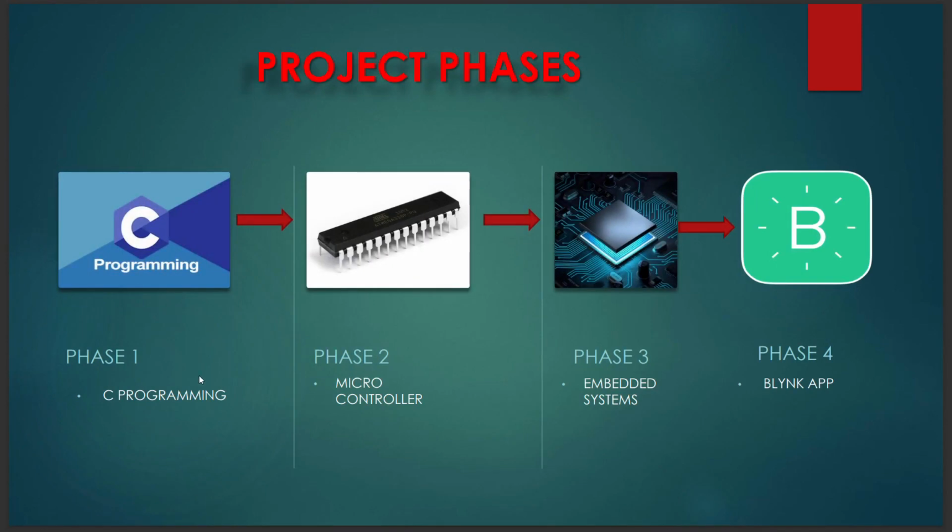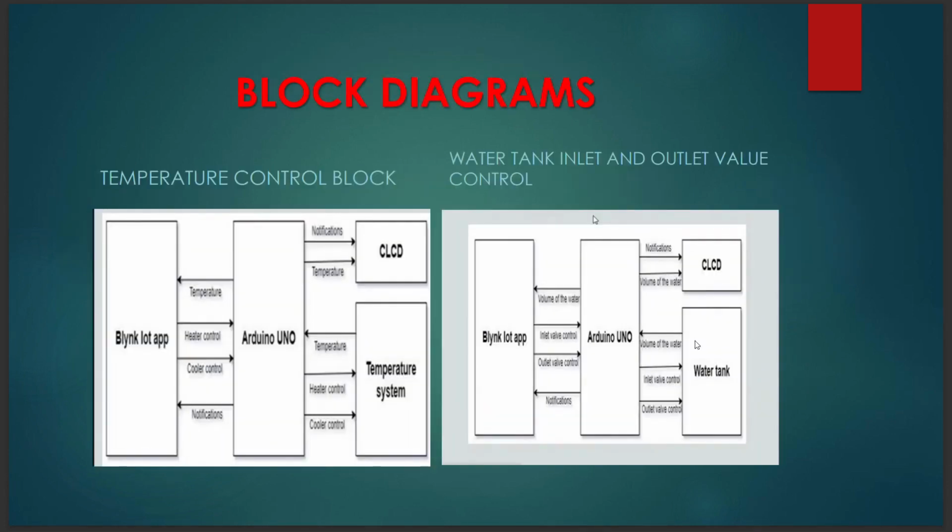In phase 1, we have to code the project, and then we have to dump the code into the microcontroller, which is the PixSimLab software. And next we use the Blink app to control the Arduino Uno board, and we do the project. These are the block diagrams of the temperature control block and the water tank inlet and outlet valve control.